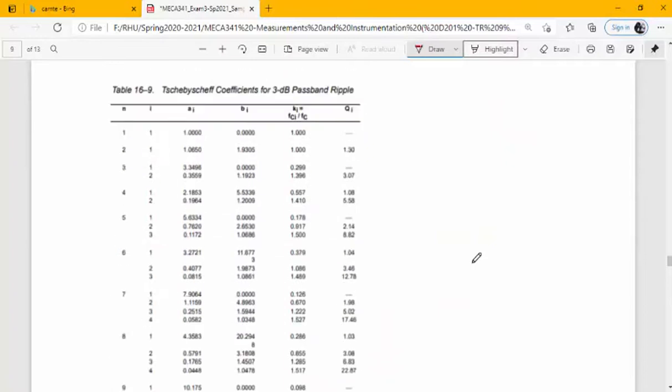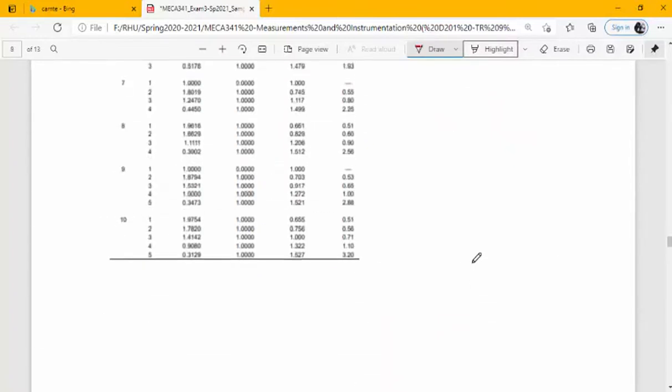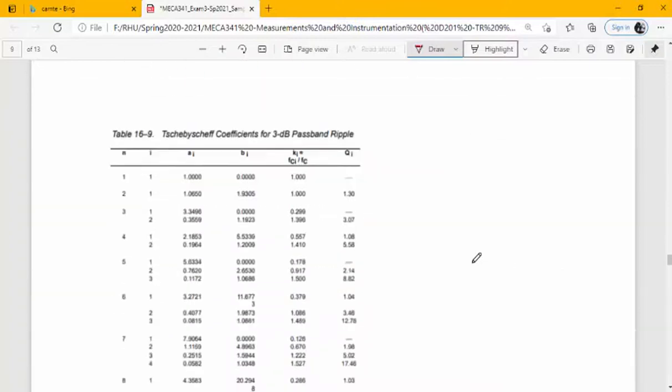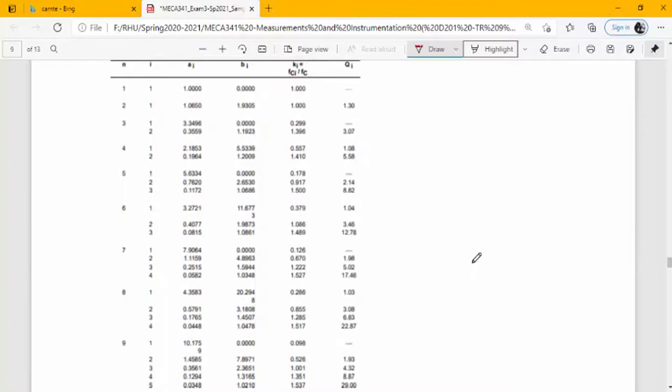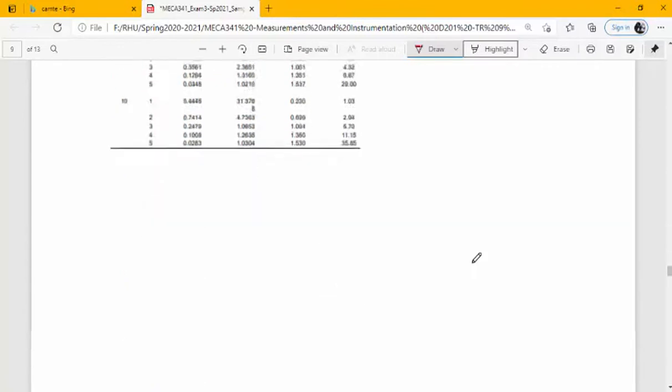Sorry, we need to go back. We have a Chebyshev filter and a Butterworth filter, so we should pay attention to which table we are using. This is the Chebyshev coefficient table for 3 decibels passband ripple, and we need the second order filter. We have A1 equal to 1.065 and B1 equal to 1.9305.